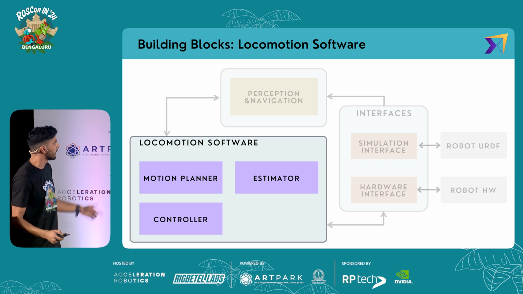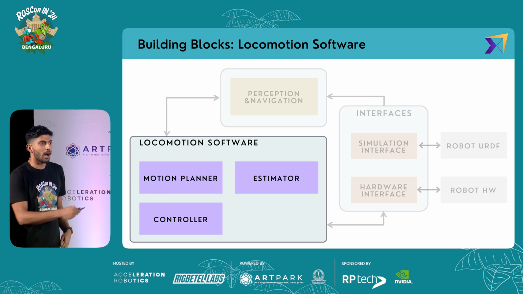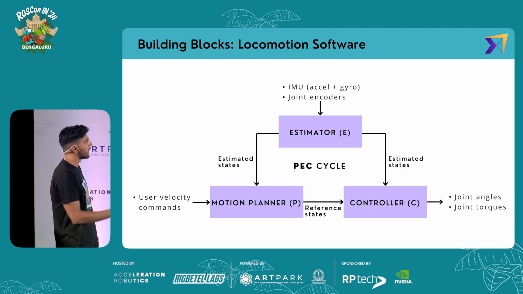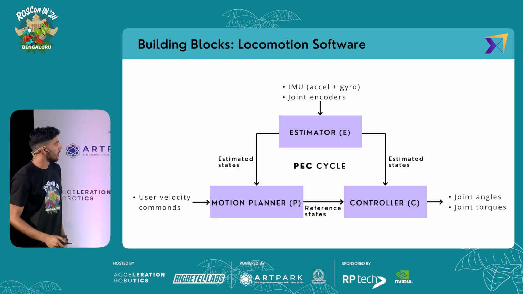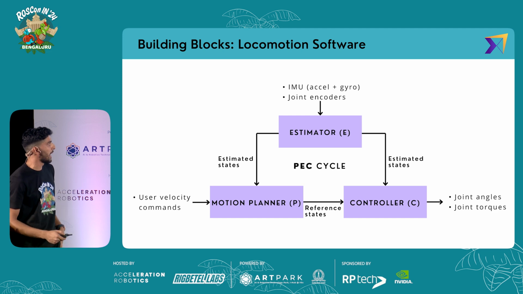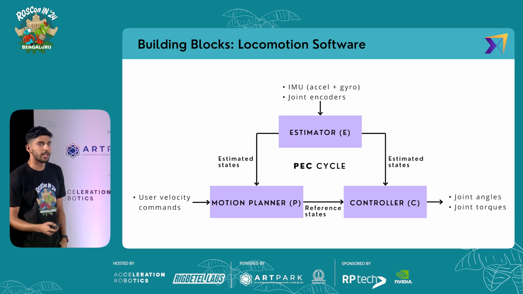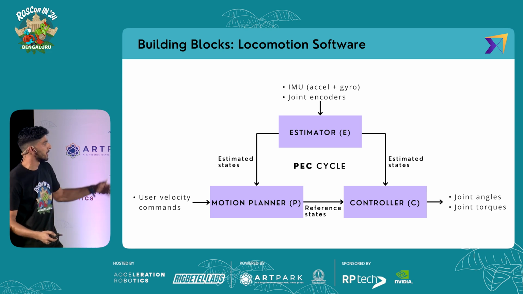First we'll focus on the locomotion software and how we can go about implementing the things inside this block. Looking in more depth into the locomotion software, we have the 3 blocks, as I mentioned: the planner, the estimator, and the controller. I will briefly go over the inputs and outputs of each of these 3 blocks. The user commands a certain velocity, which goes inside the motion planner.